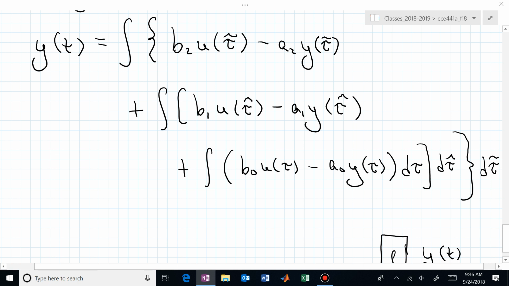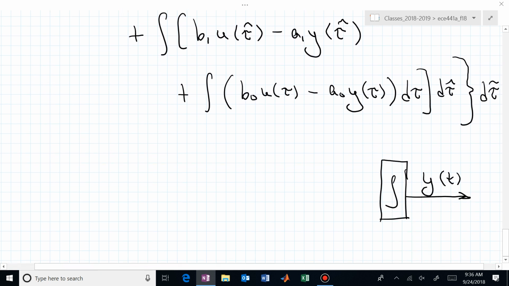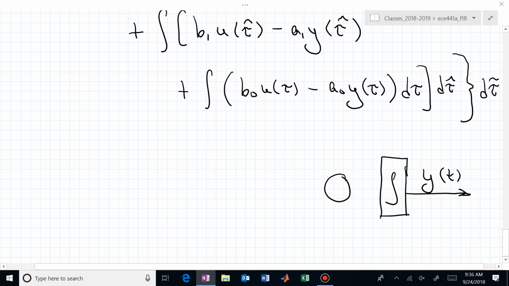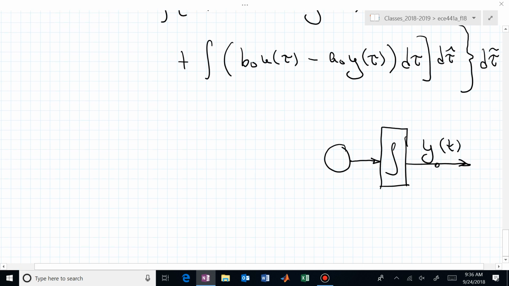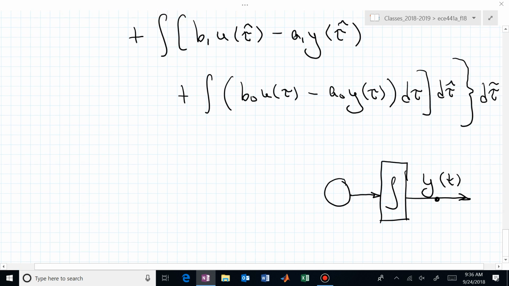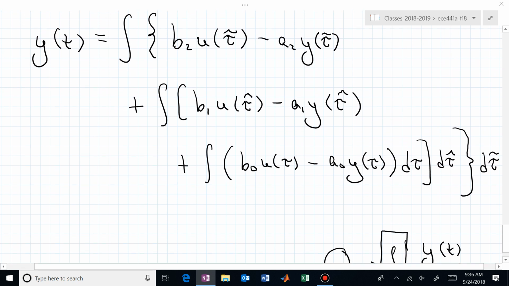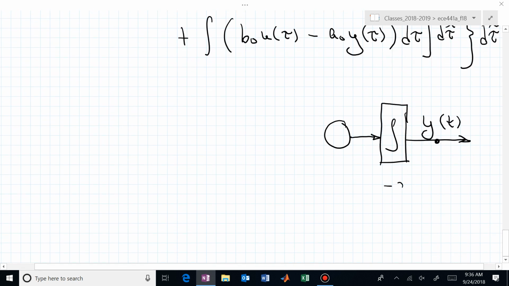And I have, let me view this in an odd way, it's going to be b2u minus a2y plus the output of another integrator. So I now have a summing junction here. Maybe I didn't give myself enough vertical distance. This now is taking and subtracting an a sub 2y.